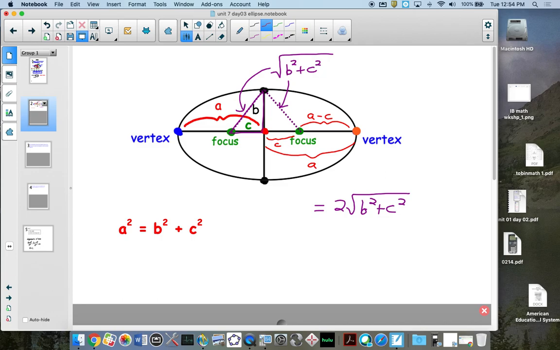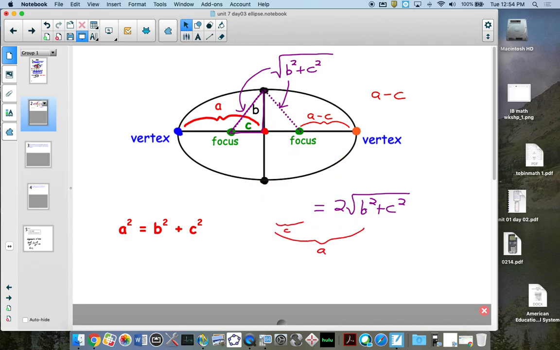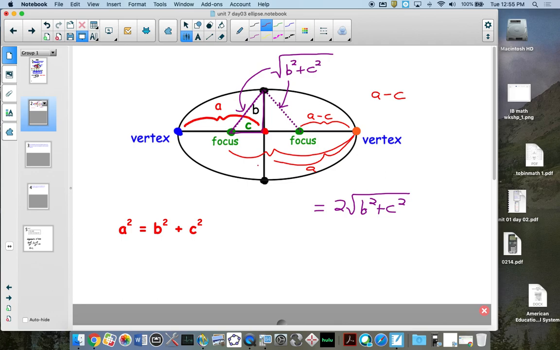So the distance from the vertex to the closer focus is A minus C. And then what's the distance from the vertex to the focus that's further away? Well, we know that part of it from here to here is A, and from here to here is C, so the total distance would be A plus C.